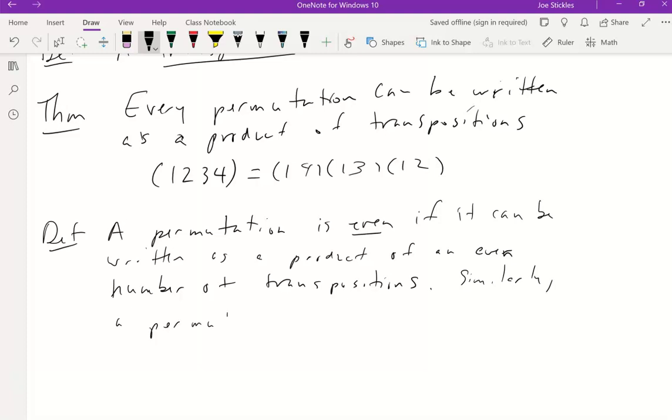The permutation will be odd if it can be written as an odd number of permutations. Or transpositions, sorry.